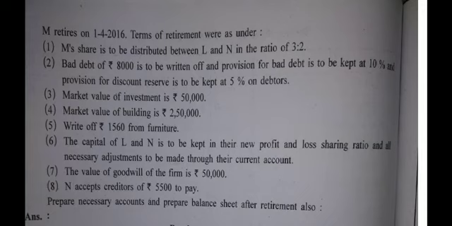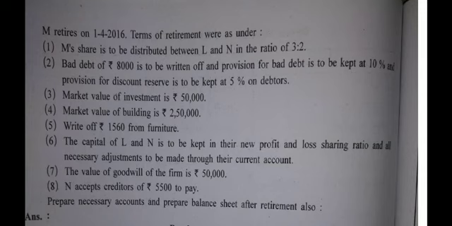So we already have a reserve of 10,000, and bad debt can be written off from the bad debt reserve. Simple. So what is the amount of bad debt reserve available with you now? Obviously 2,000.